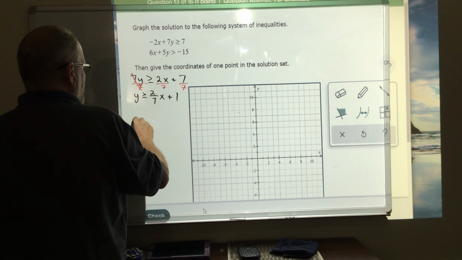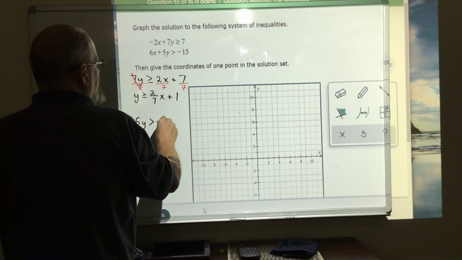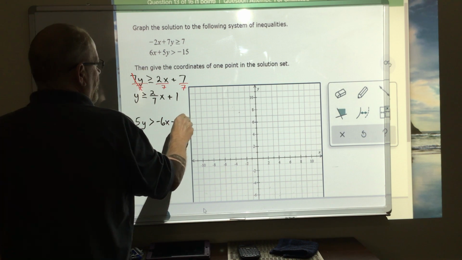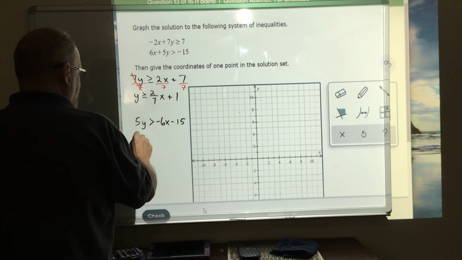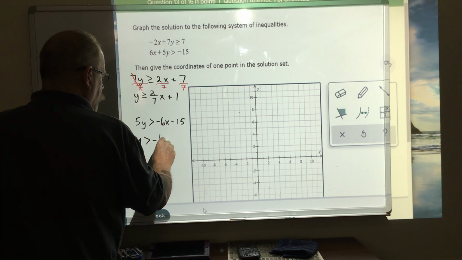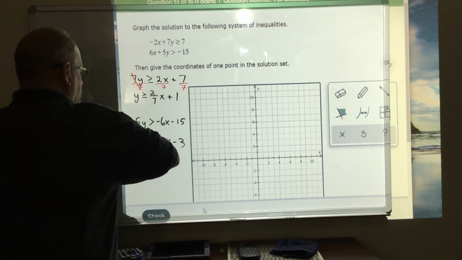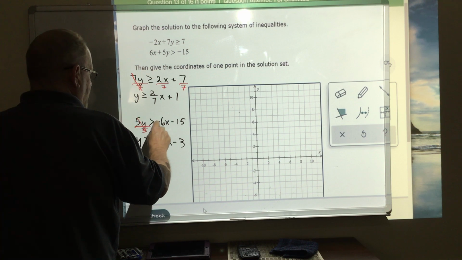So I'm going to get 5y greater than negative 6x minus 15. Now I'm going to divide everything by 5. Some of you want to see it. Okay, keep me honest that way.